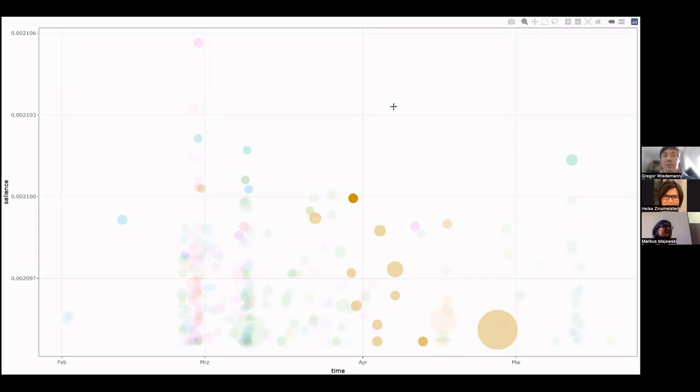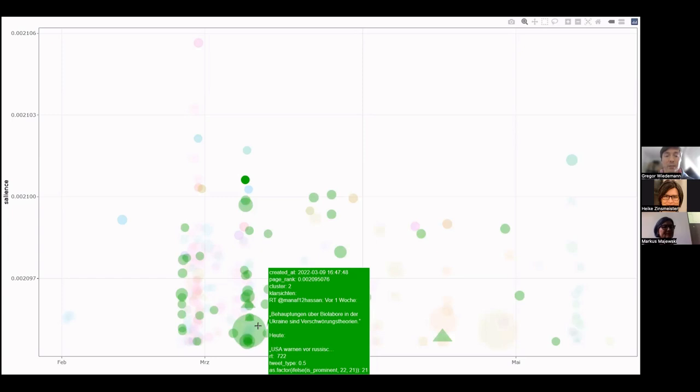And so they will not play a very significant role here. Only maybe in the size of these circles, which I did not mention so far. The size of the circles in this plot, for instance, indicates the number of retweets which a certain piece of information had actually in the Twitter network, which we observe. And that can, of course, contain a lot of retweets by bots, but we do not check for this.